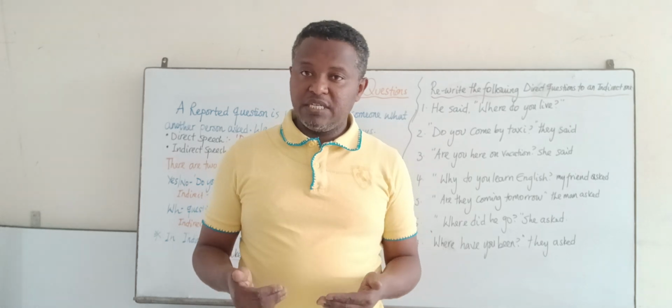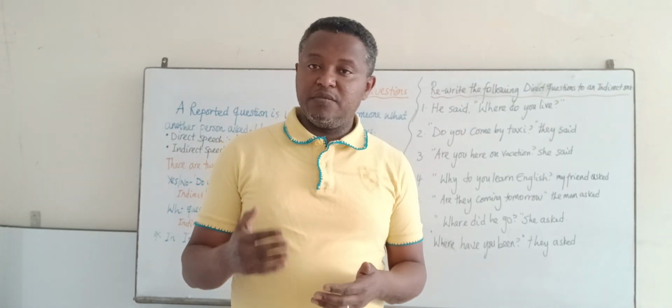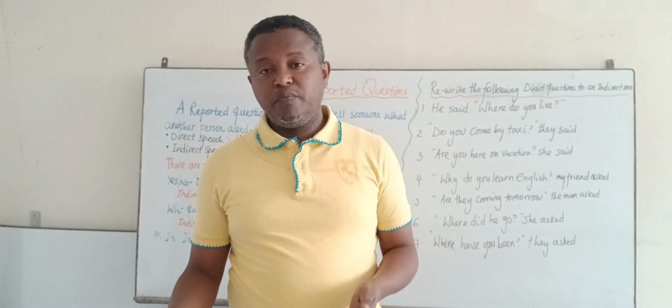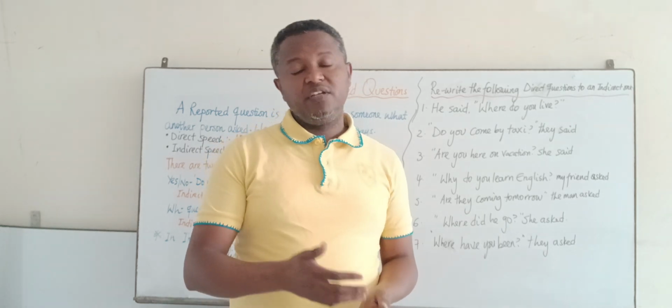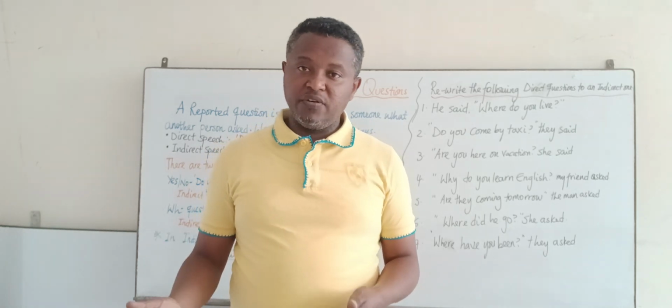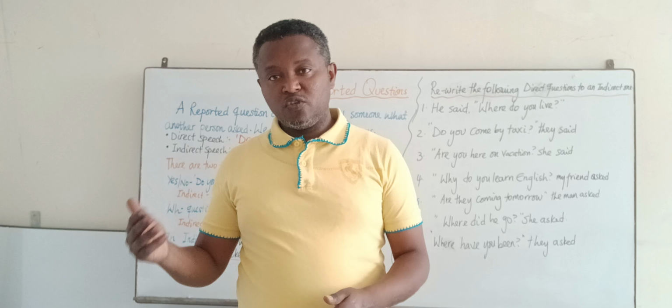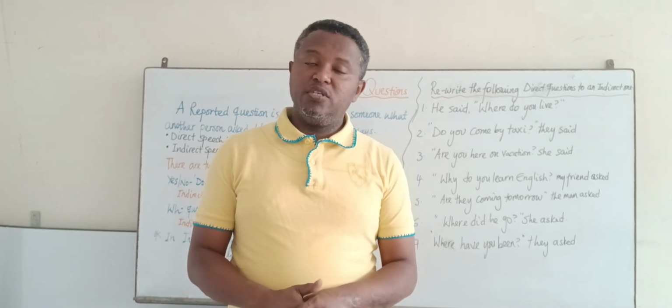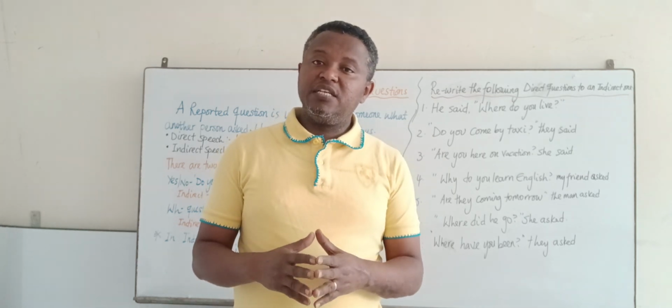And the same is true with the past tenses. Past simple would be changed into past perfect, and past perfect would remain the same. Past perfect continuous also remains past perfect continuous. So these were basic things that we have seen.